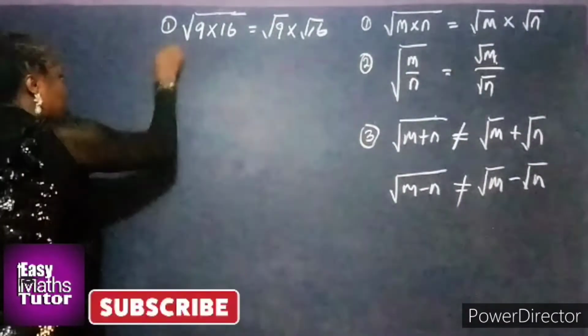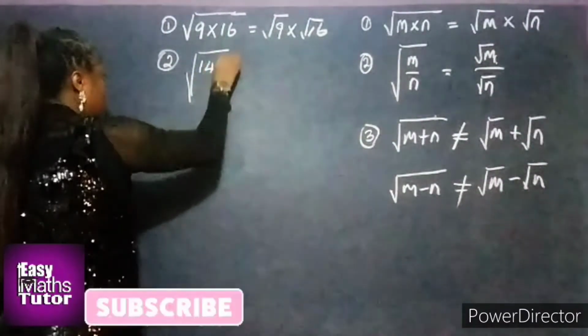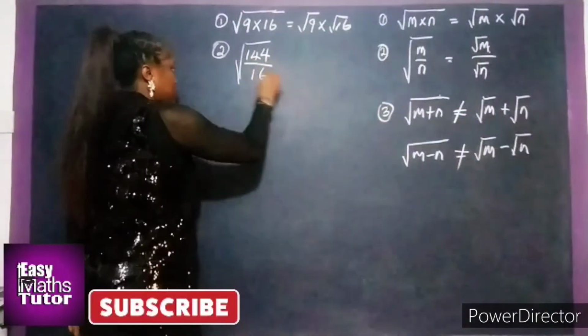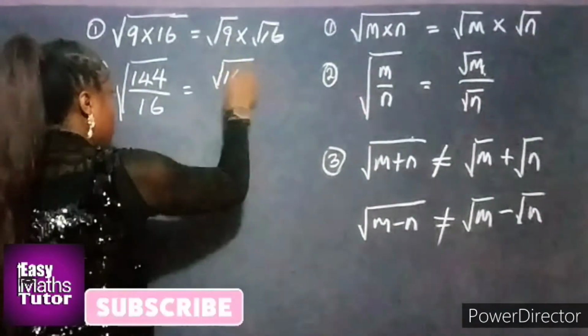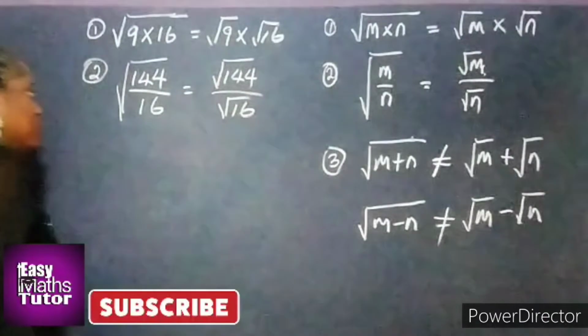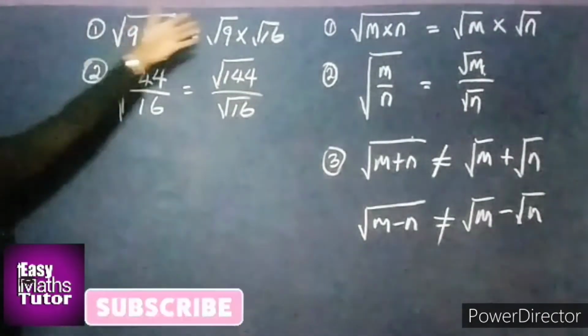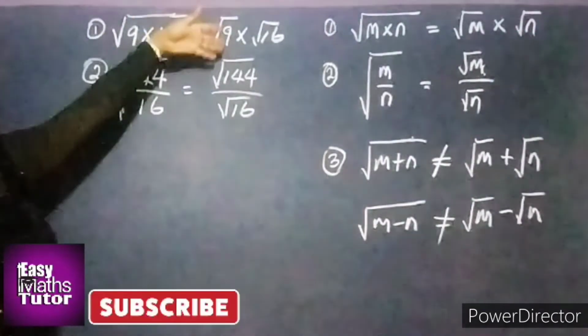So let's take another scenario. If we have the square root of 144 over 16, it will be equal to the square root of 144 all over the square root of 16. So now let's prove this. Let's prove that this scenario is equal to this scenario.